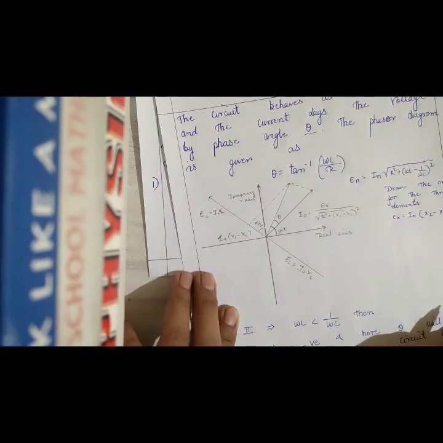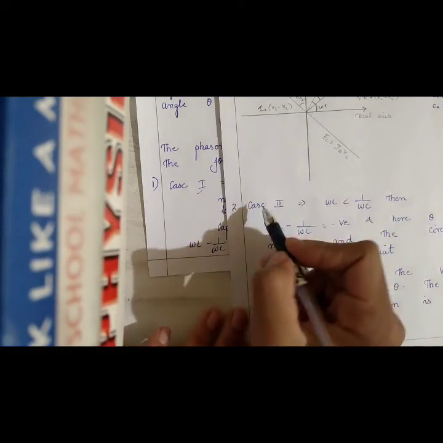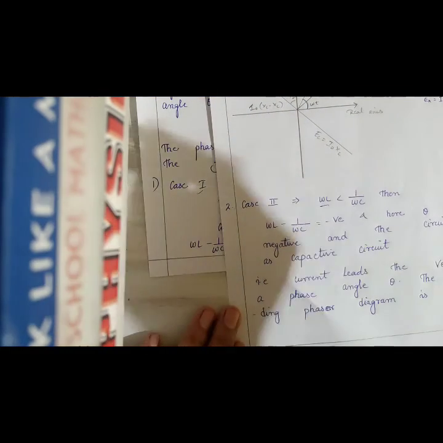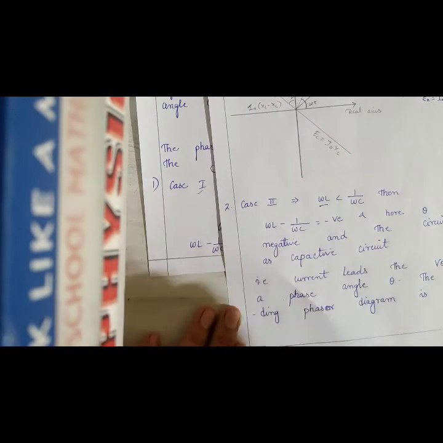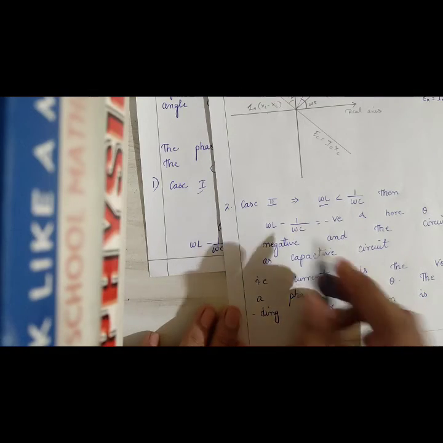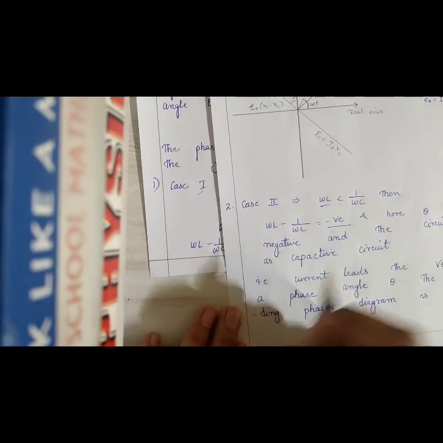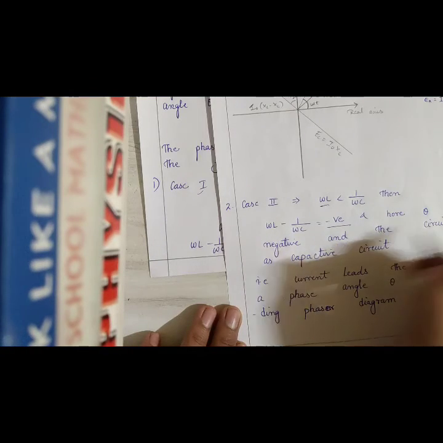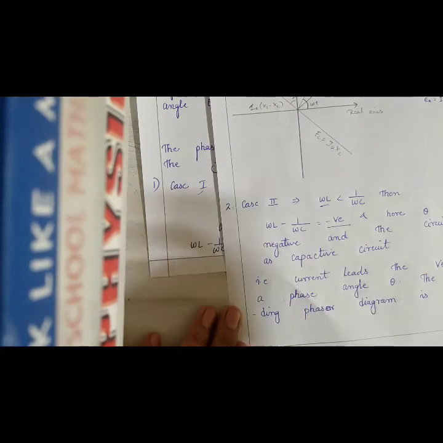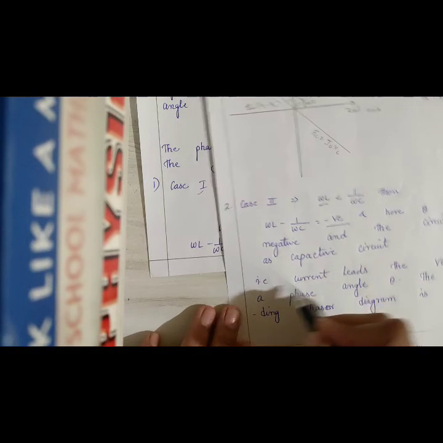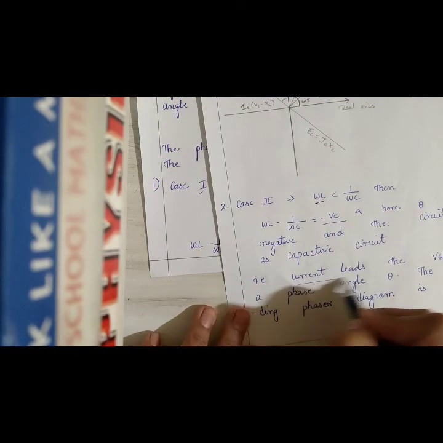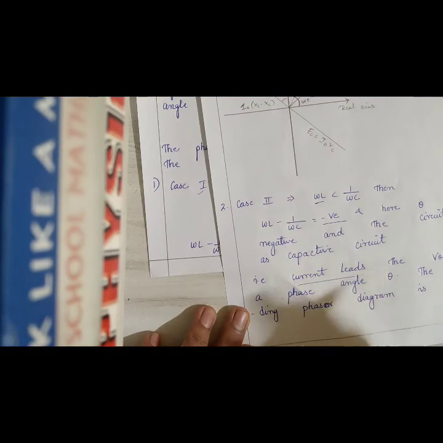For the second case, when omega L is less than 1 over omega C, then omega L minus 1 by omega C will be negative, and theta will also be negative. The circuit will behave as a capacitive circuit. This means the current leads the voltage by a phase angle theta.